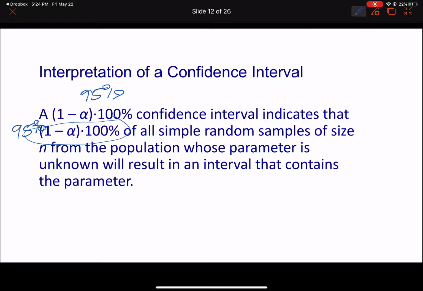So my confidence interval would indicate that 95% of all simple random samples of size 100 from this population of voters, whose parameter is unknown, so we don't know the parameter, will result in an interval that contains the parameter. So I know that that parameter will be in that interval.